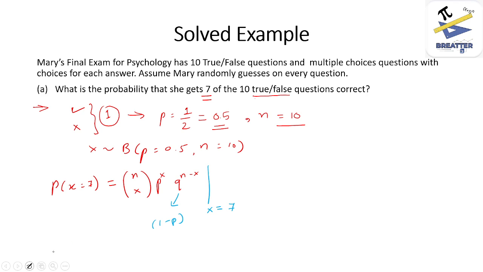So what would be the answer? Putting these values into this equation, that is 10C7 into 0.5 raised to 7 into (1 minus 0.5) raised to 10 minus 7.